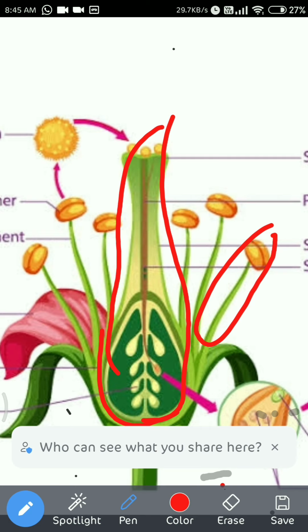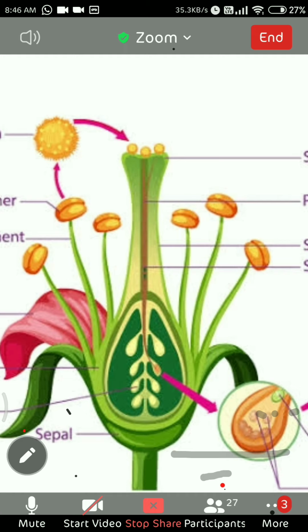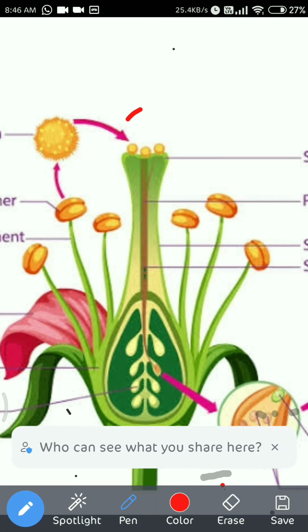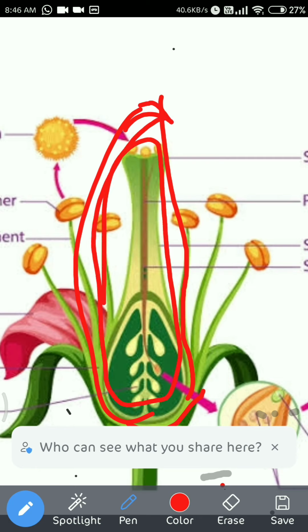Got it? Okay. So this is the middle part, or innermost part, of the flower. This part is called pistil or carpel or gynoecium.